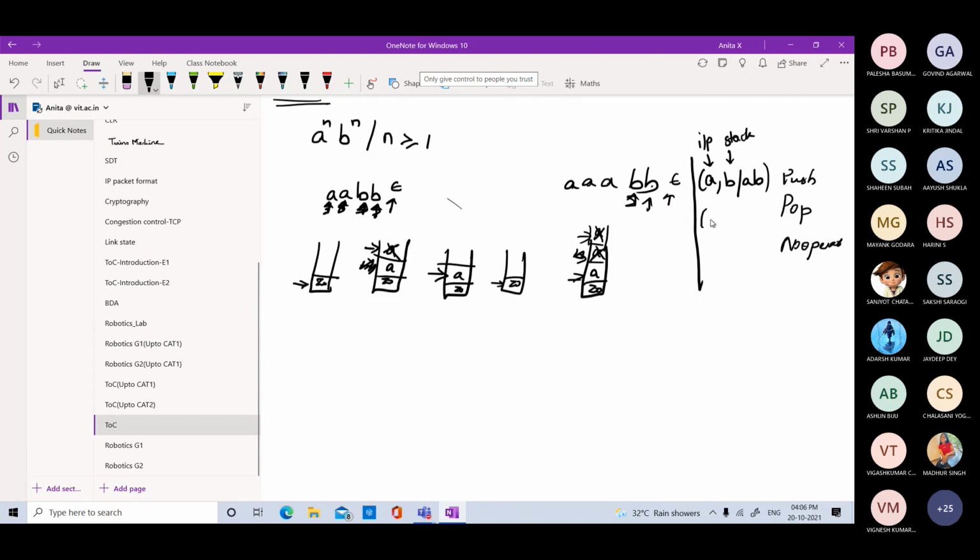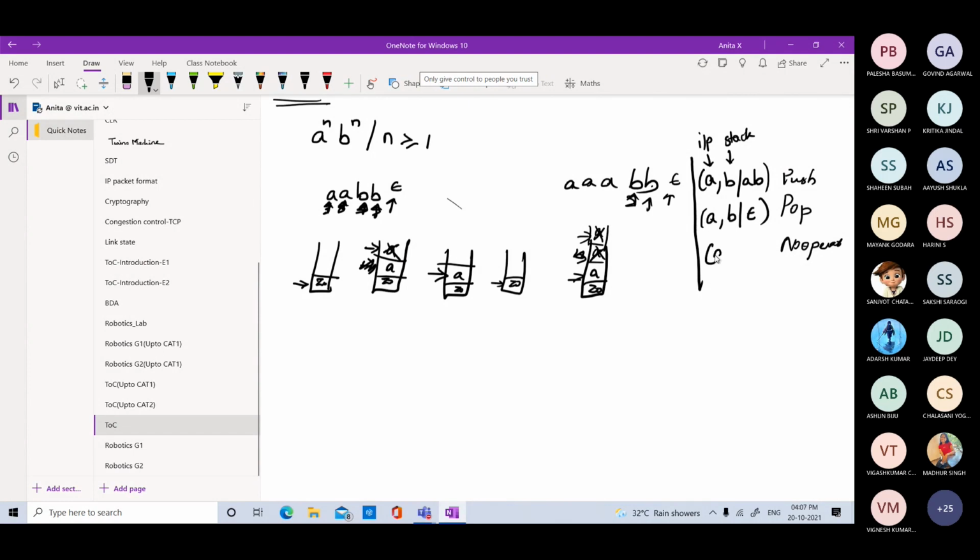Then what about pop? My input symbol is A, my stack symbol is B, and pop is represented by epsilon. By this, I'll be popping off the topmost element from the stack. Epsilon represents popping off the topmost element from the stack.